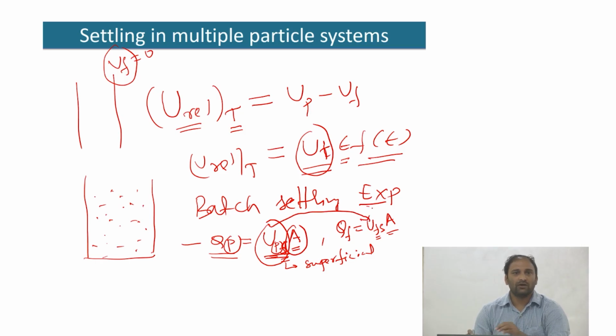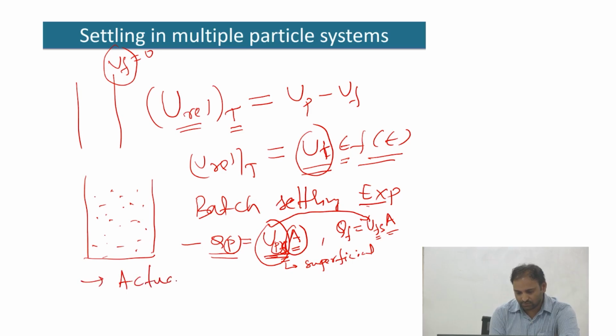However, we know that out of this entire cross section, a certain area is occupied by the particle and a certain area is occupied by the fluid. Therefore, if I consider the actual area that is available for the respective fluid and particle, then you define what are called actual velocities.